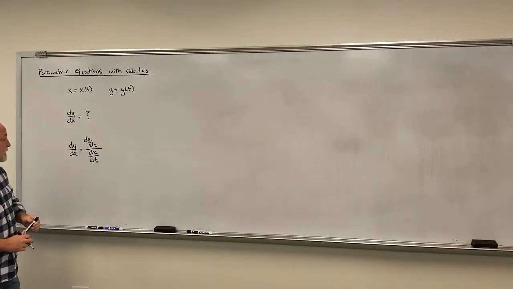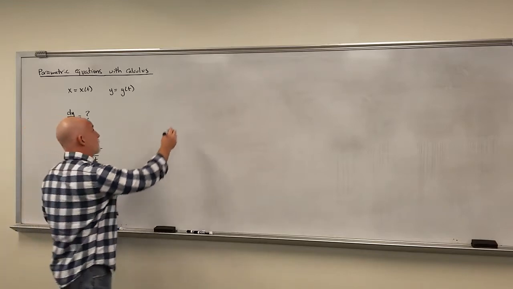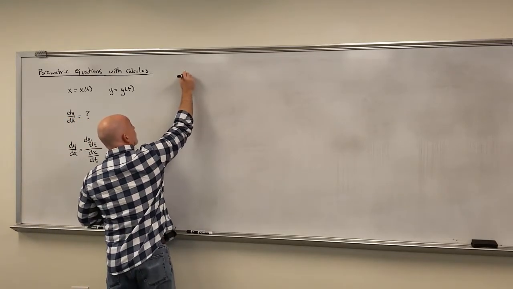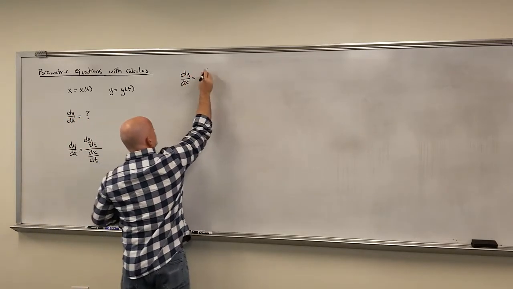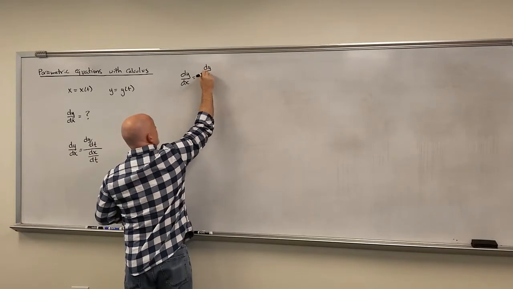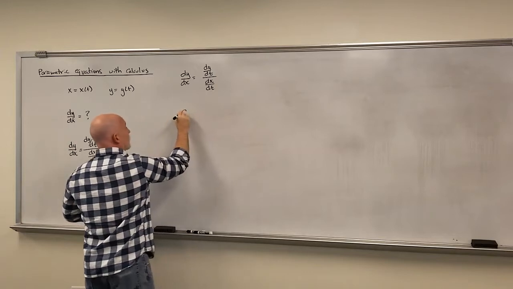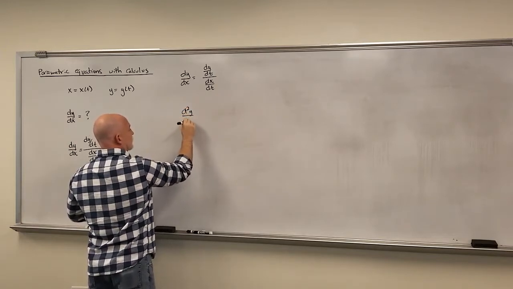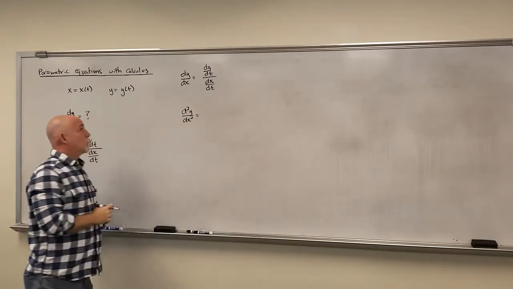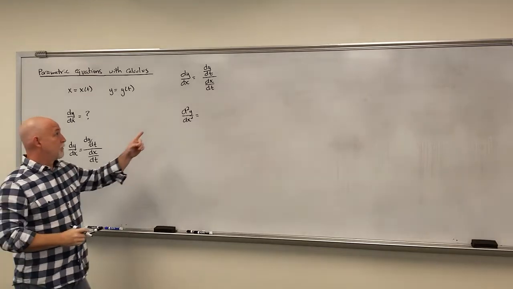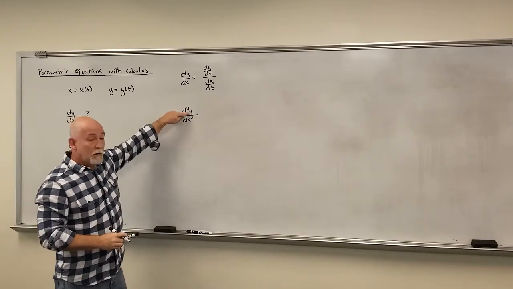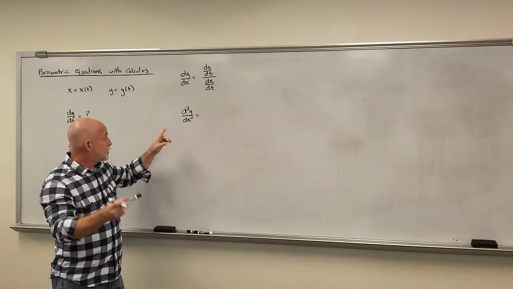So what would the second derivative be? I'm going to move it up here so you can see it a little bit better. dy/dx we said was dy/dt over dx/dt. So what would the second derivative be? Well, think about how we did the derivative of this. y was our function we're looking for the overall change in.